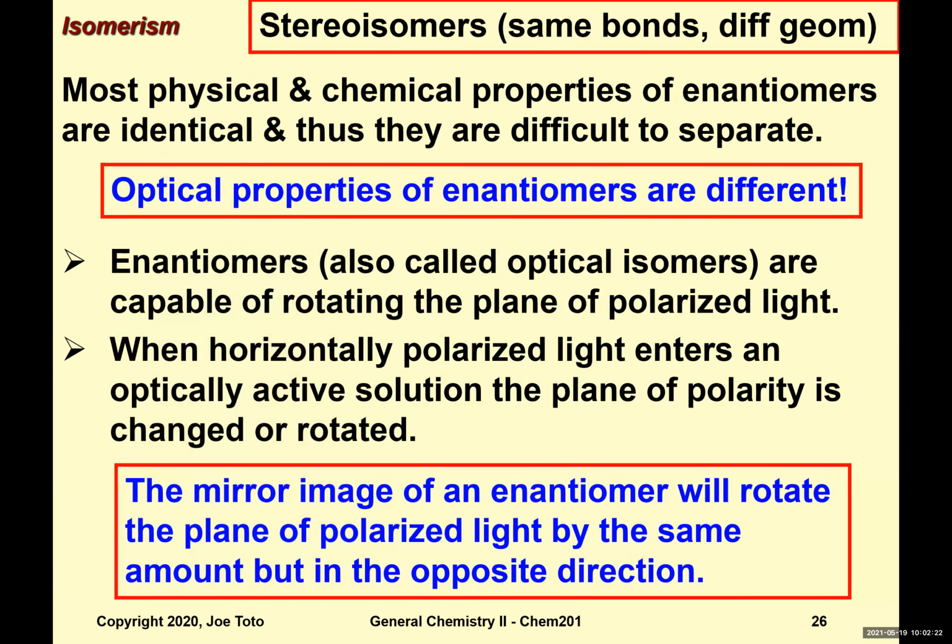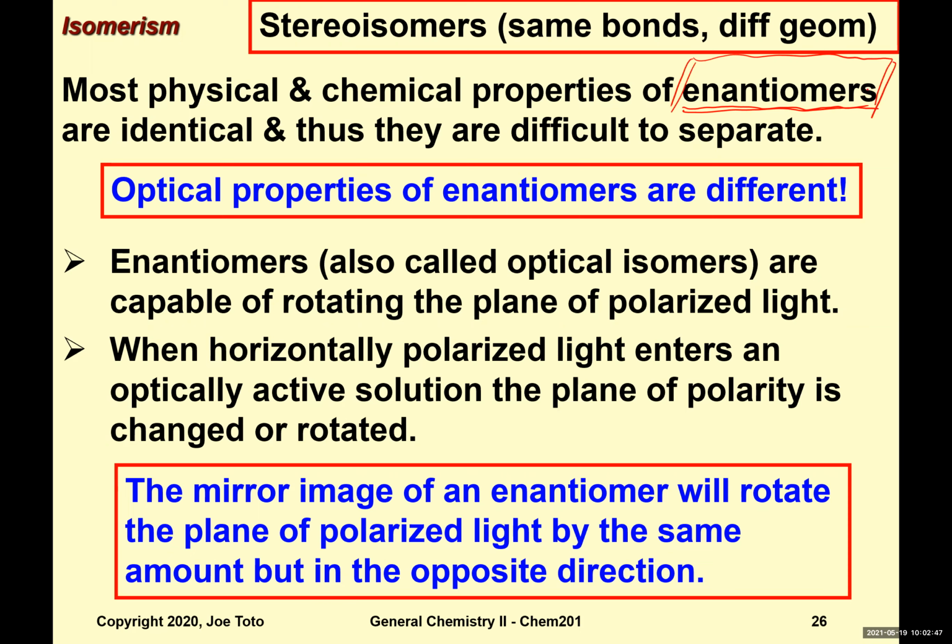So most of the physical and chemical properties of these isomers, also known as enantiomers, and you'll get into this in organic, they'll ask you to draw out the enantiomers of certain hydrocarbons. So you'll have to get used to using that name as well.